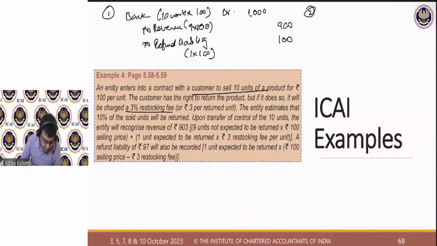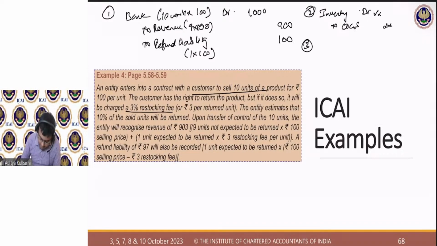Now, the next set of entries is inventory debit to COGS, whatever it is. And then the restocking fees.